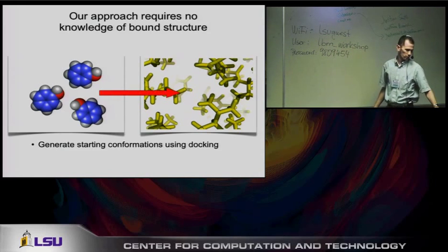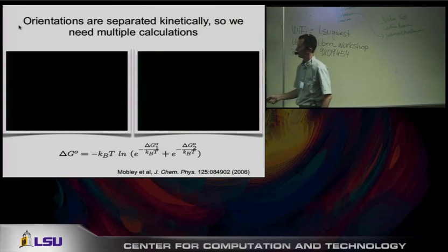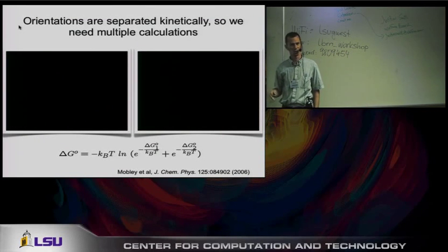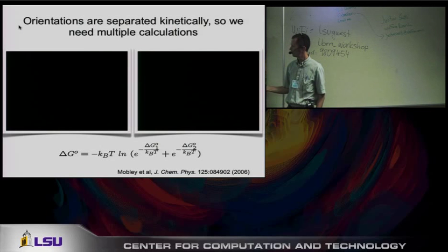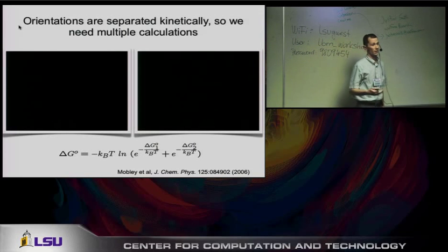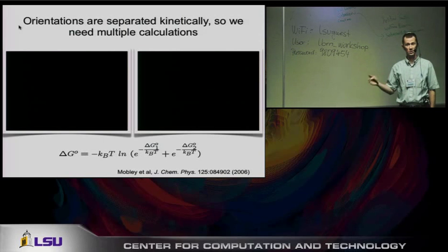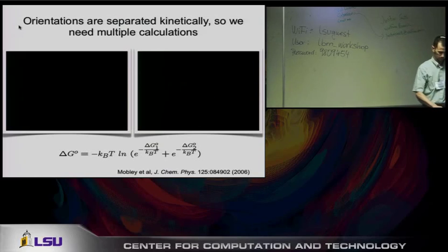Well, the way I came up with to deal with that was, instead of just trying to find the right binding mode, to compute an effective binding free energy for many different orientations of the ligand, like delta G1, delta G2, and there's a rigorous way to combine those. So we don't have to know the binding mode to begin with, we just have to find every potentially relevant binding mode and cover those.